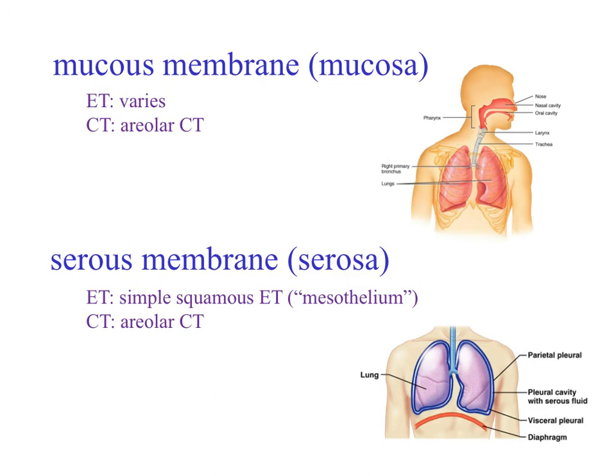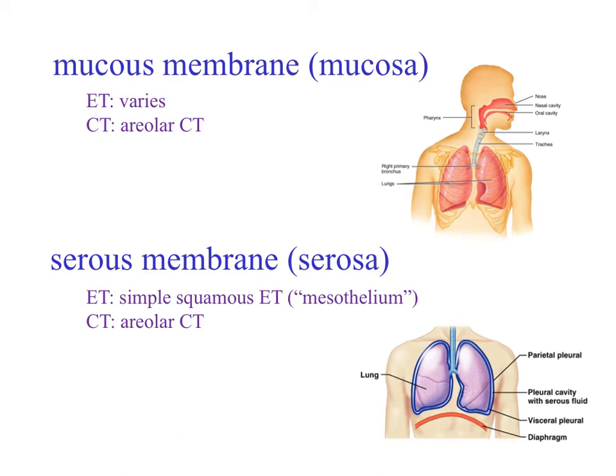Now that we understand how these two membranes function differently, let's look at how they're structured differently. We can compare and contrast. As a point of comparison, both these membranes are made of two layers of tissue, an ET and a CT. Of course, the ET faces the free surface, and then there's a basement membrane, which I didn't write here, but that's standard, right?